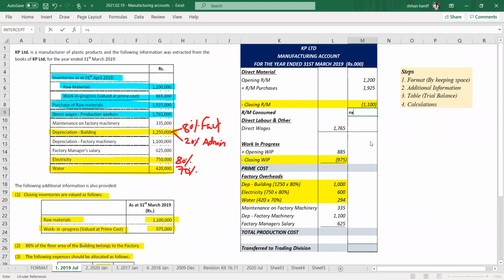Then we calculate the raw material consumed. Then the direct wages should be added. Then we will calculate the prime cost, which is 3,700, and adding factory overheads 3,954.